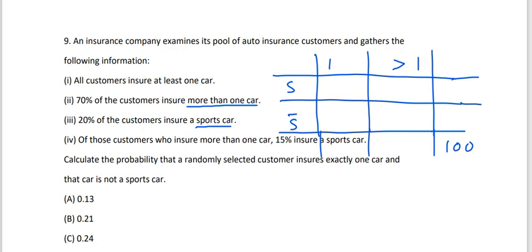Okay, so now we put this information, 70% insure more than one car. So here's 70, then this is 30. And 20% insured a sports car. So here's 20, and here's 80.